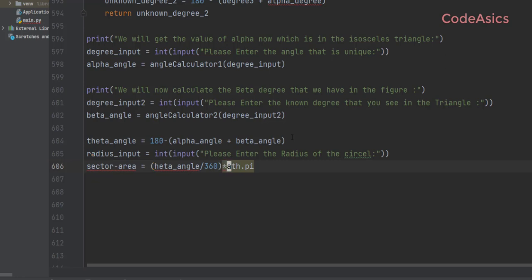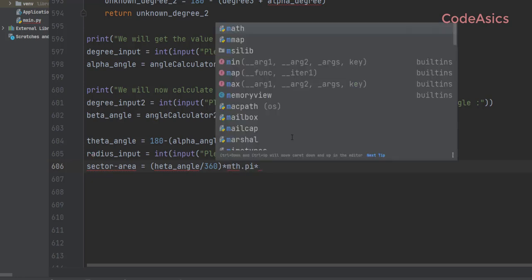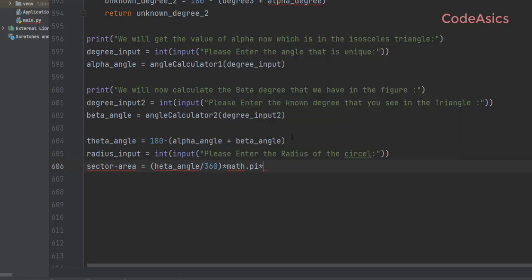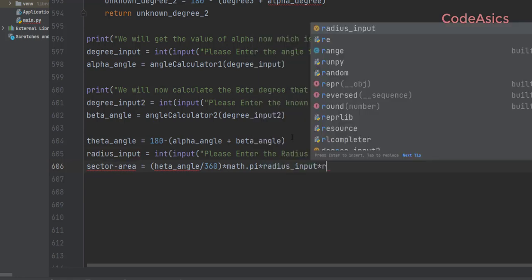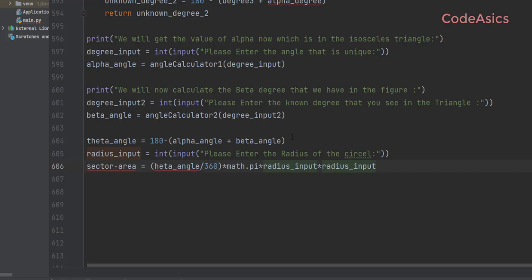So this multiplied by math.pi, and then radius times radius, pi r squared. Okay, that's fine. So we got that.